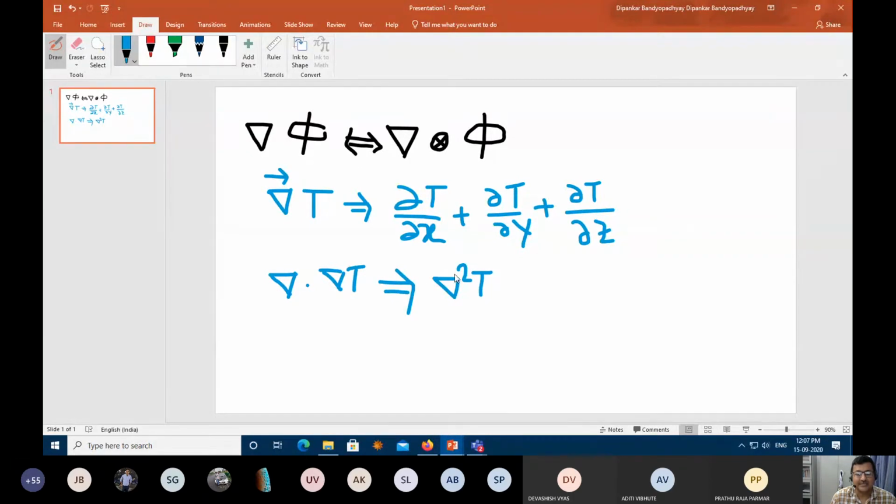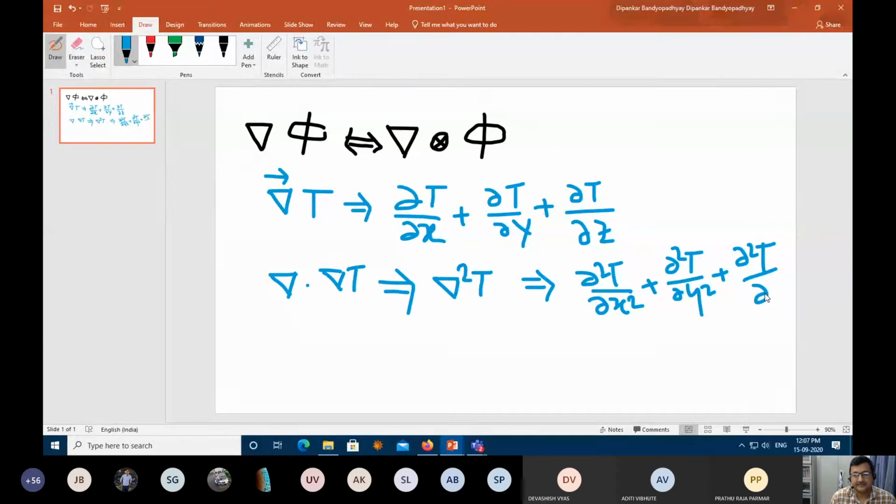So that leads to this del square T, which implies del square T by del x square plus del square T by del y square plus del square T by del z square. It's a three-dimensional space.